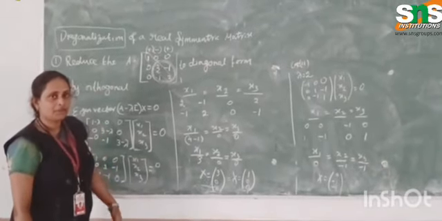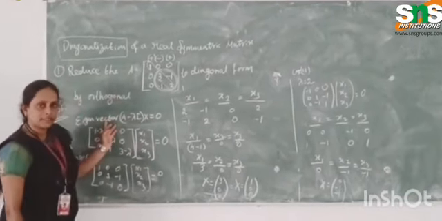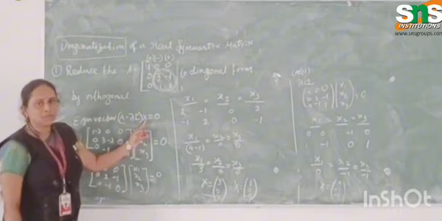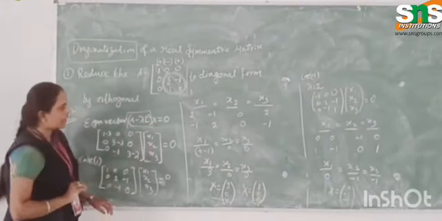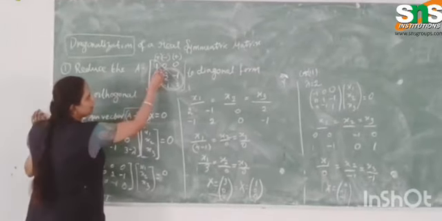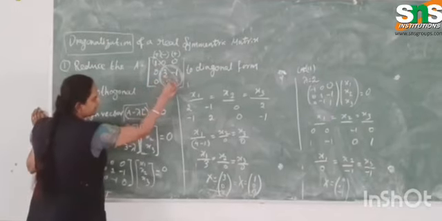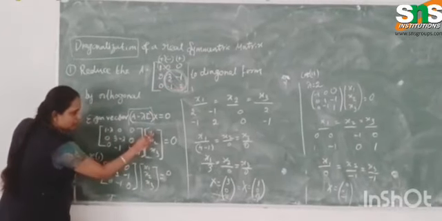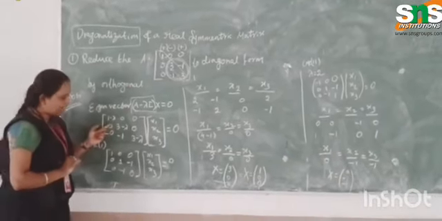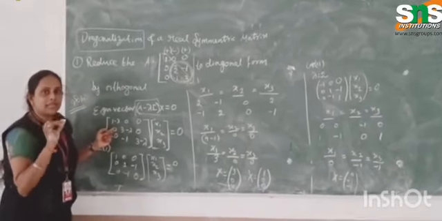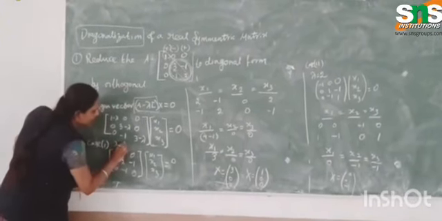Using the eigenvalues, we are going to find the eigenvectors. The eigenvector equation is (A minus lambda I) x equal to 0. Here, in A minus lambda I, we subtract lambda from the diagonal, with x1, x2, x3 equal to 0. For the first eigenvalue, lambda is 1.